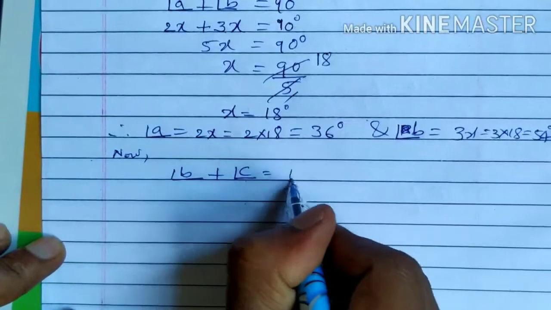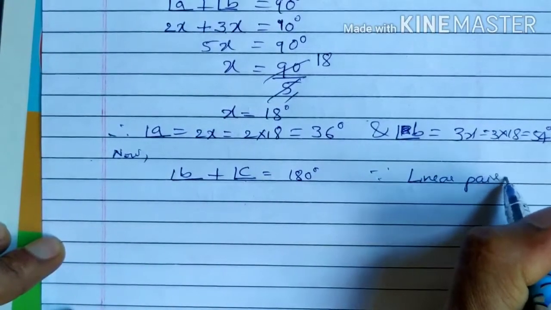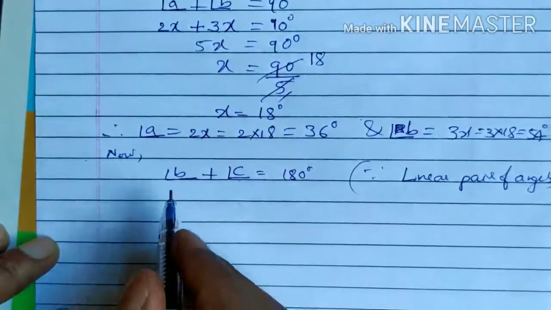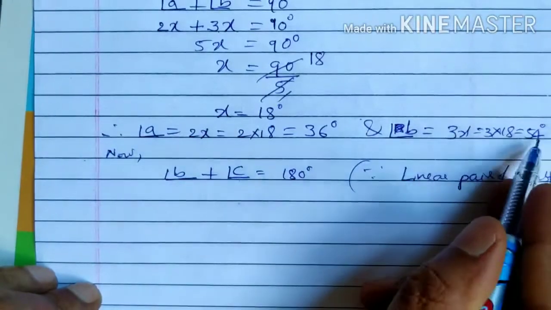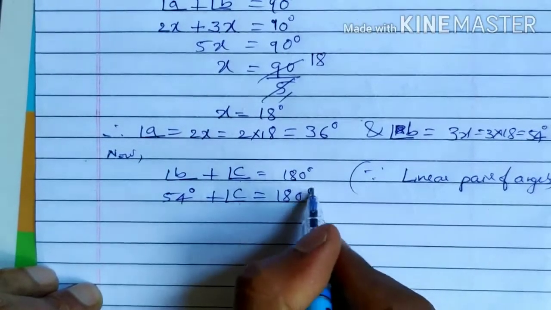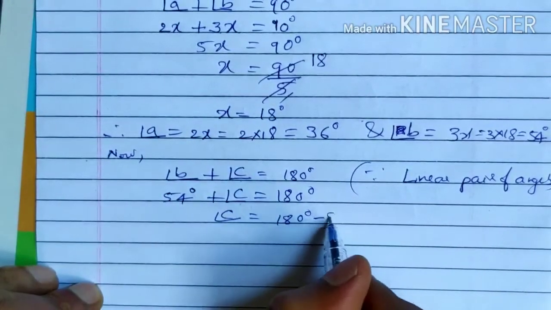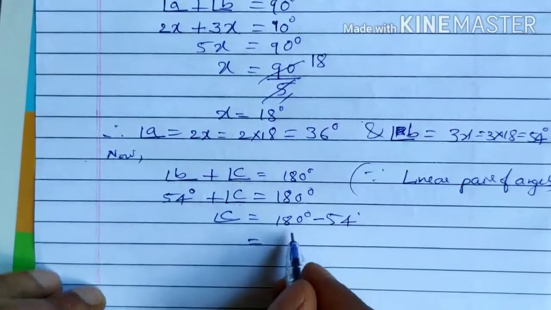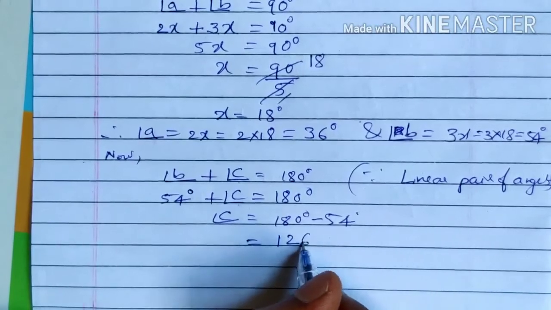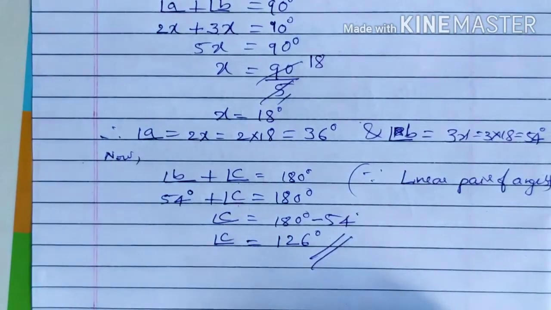Angle C is equal to 180 minus 54, that is 126 degrees. Angle C is equal to 126 degrees.